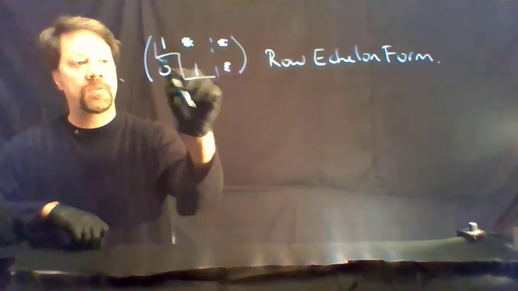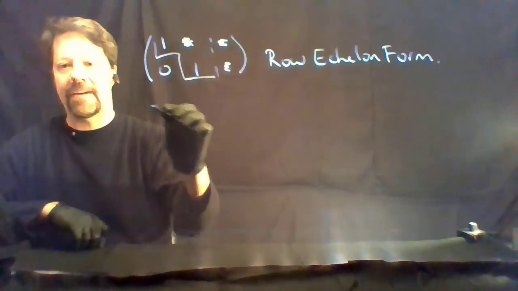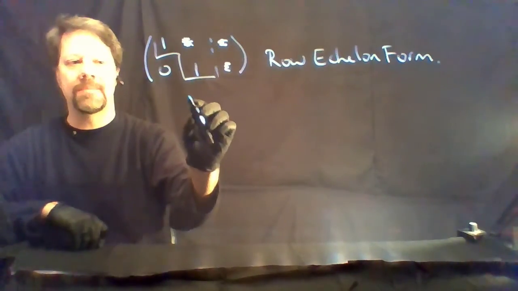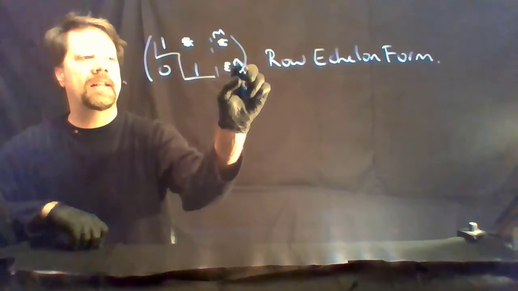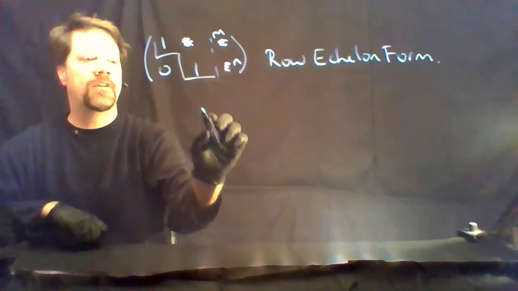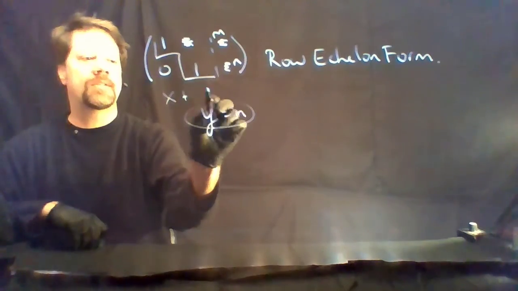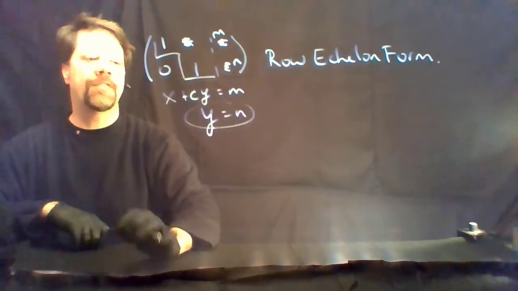The system in row echelon form can then be worked back to find the solution to the original system, but you have to use something called backward substitution. In this case, if we have m and n here, we'll have y equals n on the last row, but x plus some constant times y equals m on the first row.